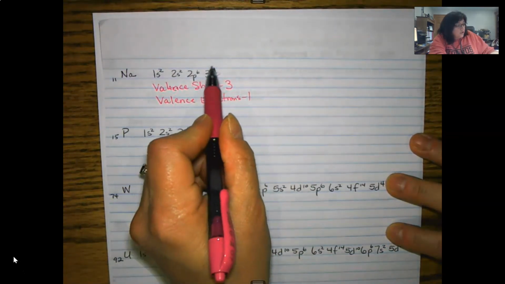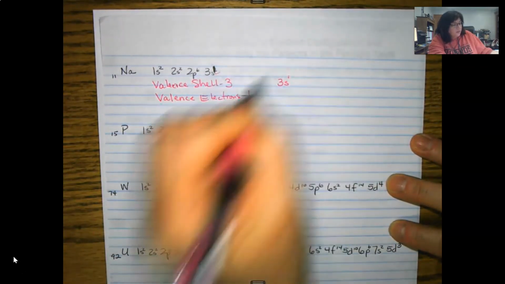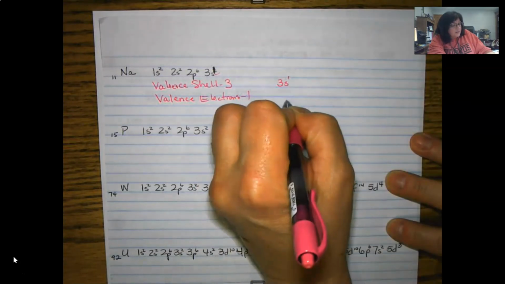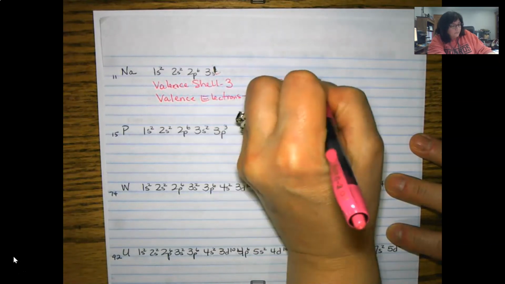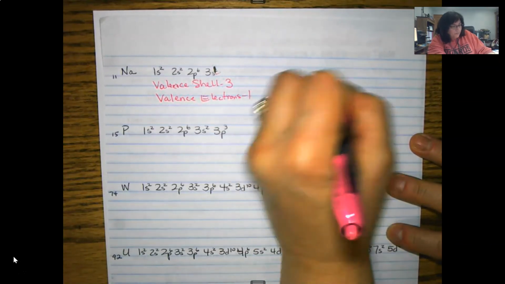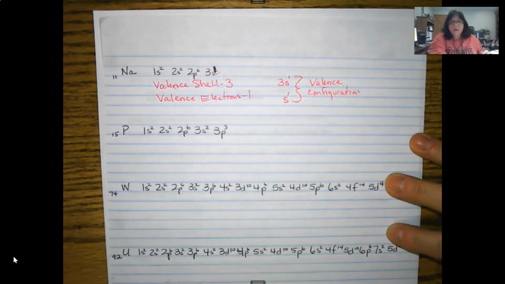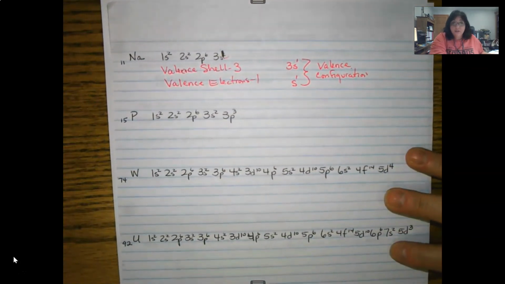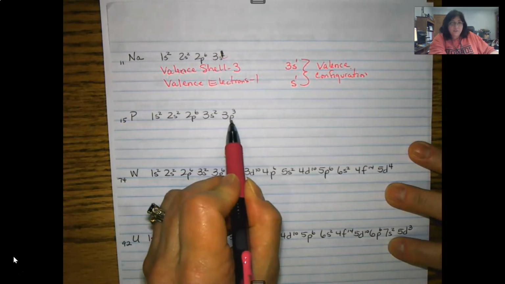I'm just going to use the valence configuration that you see there. So the valence configuration for sodium is 3s1, or even more useful is to simply write s1.